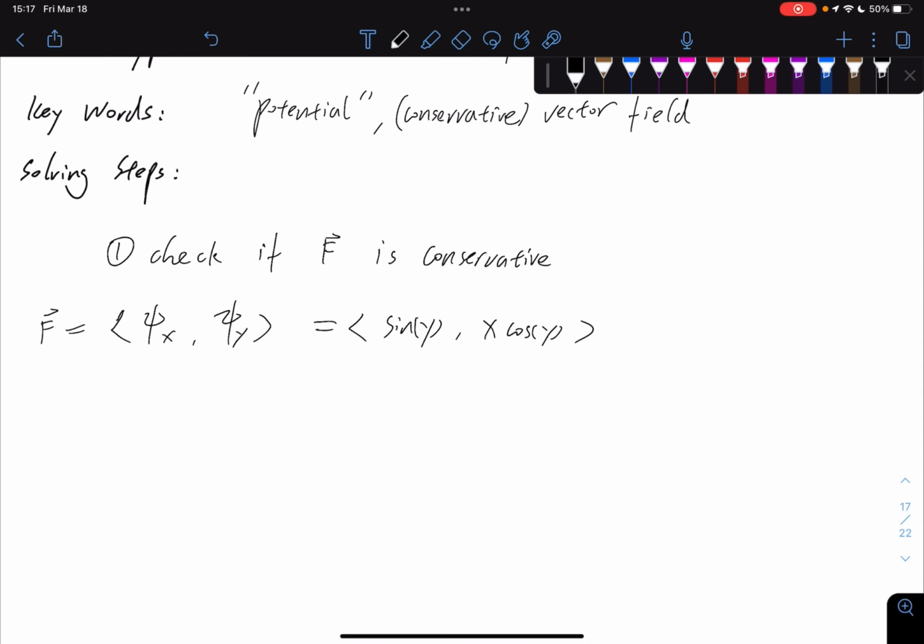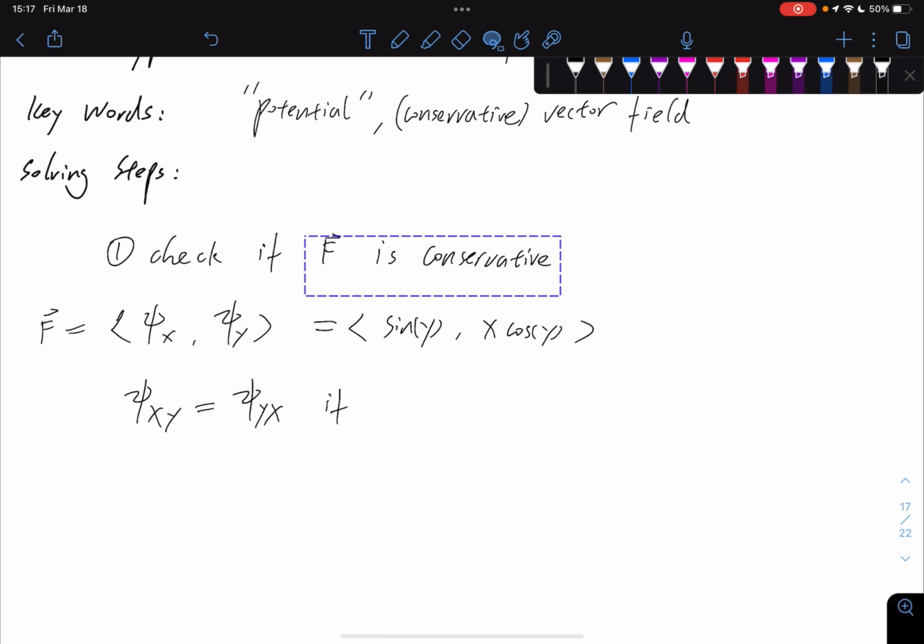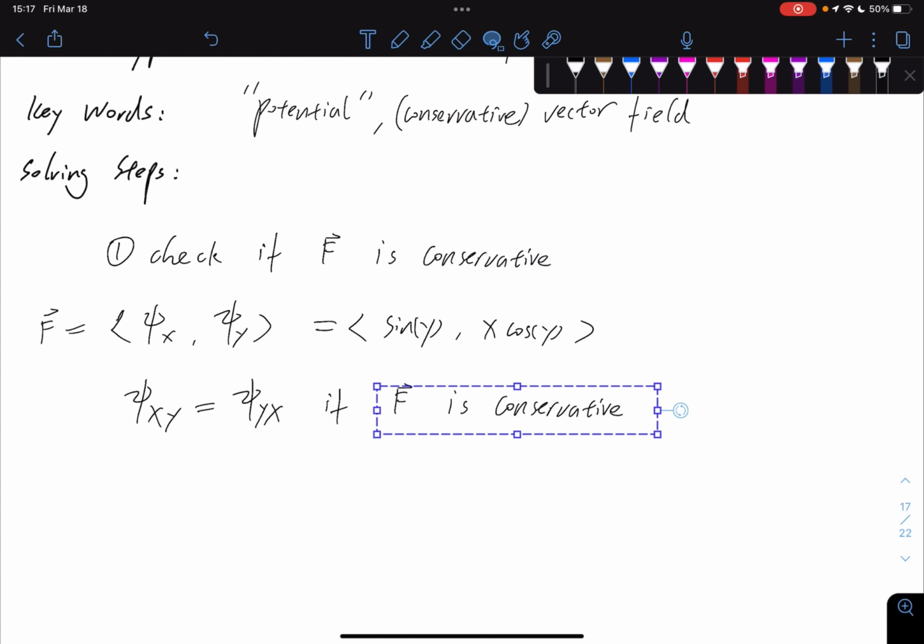For a vector field to be conservative, ψxy must equal ψyx, if F is conservative. So let's go ahead and check that.